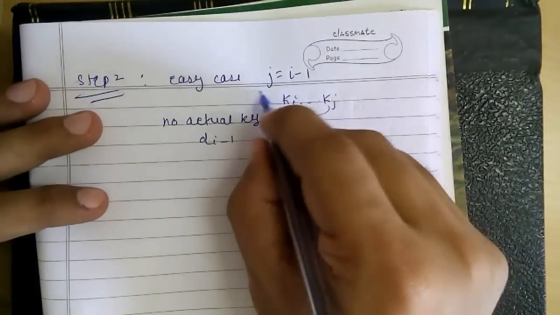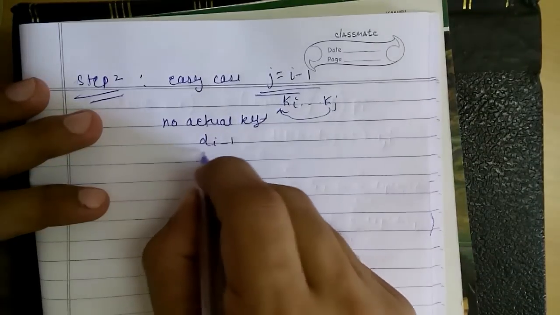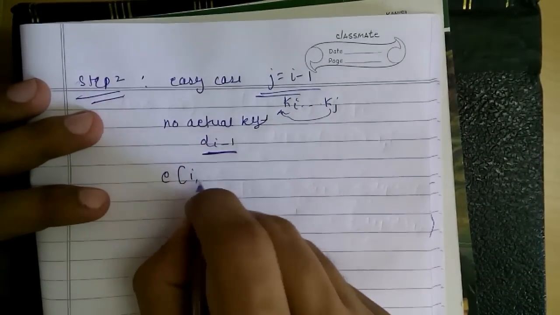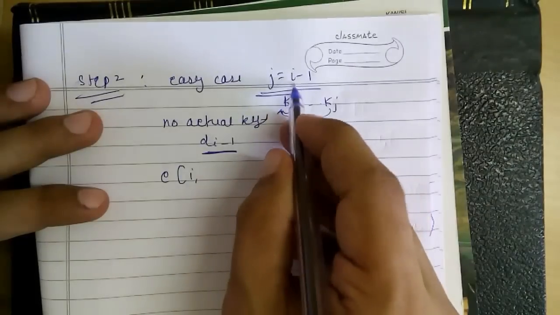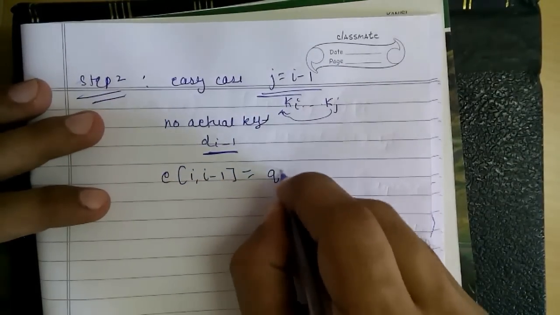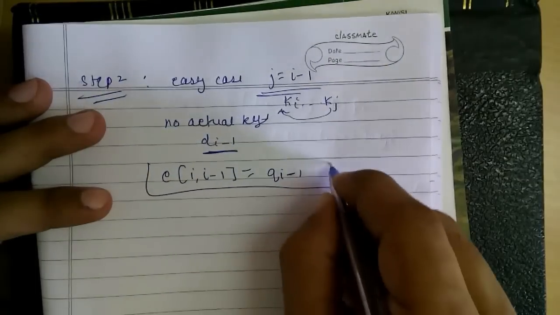So the expected cost for this case will be just the probability of this, that is e of i to j, which is e of i, i minus 1, will be qi minus 1. Okay.